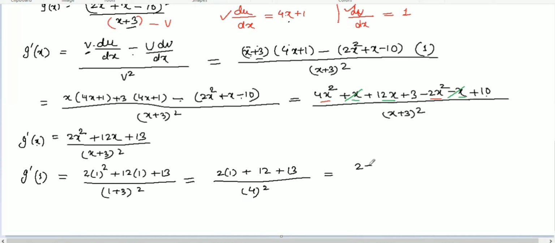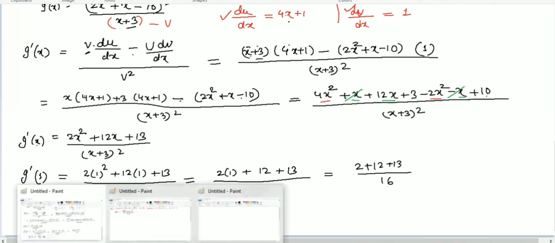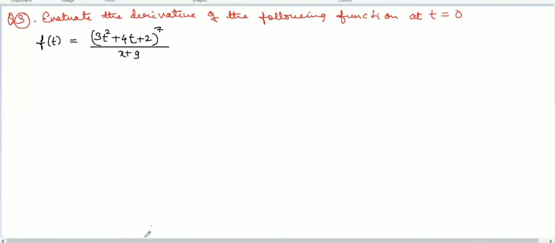It is 2 plus 12 plus 13 over 16. So now you have g prime of 1 equal to 27 over 16. This is your answer.